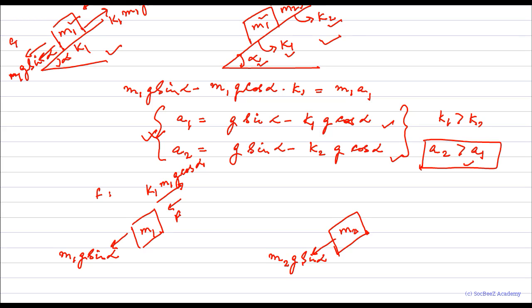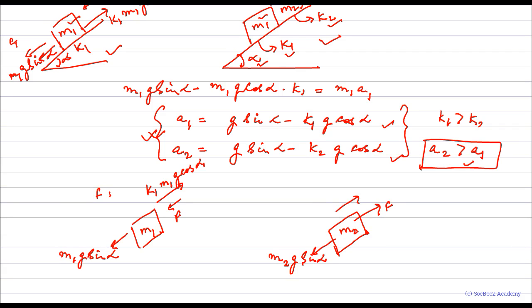Okay, and there would be the force of interaction acting in this particular direction, that is up the incline, and there would be frictional force acting in this direction, whose magnitude would be k2 into m2 into g into cos of alpha. Okay, now these two bodies are in contact, which implies that they are going to move downwards with the same acceleration. Okay, so let's say the acceleration is a. Fine.